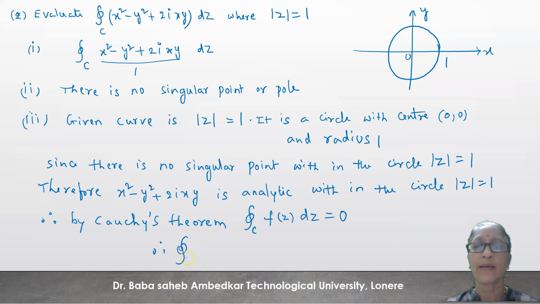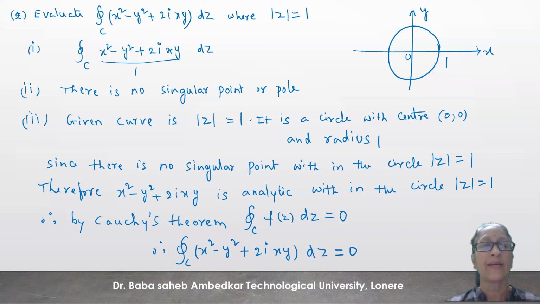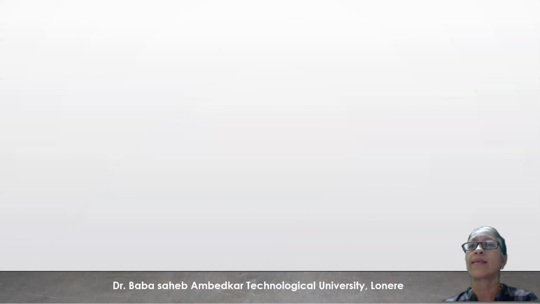Therefore, here contour integral x square minus y square plus 2ixy dz is equal to 0. So if the denominator is 1, then there is no singular point within this closed curve. Then according to Cauchy's theorem, this contour integral of this function will be equal to 0. Let us see the next example.